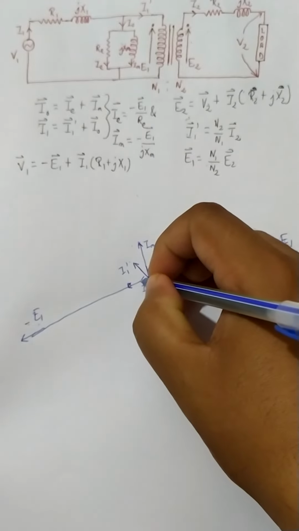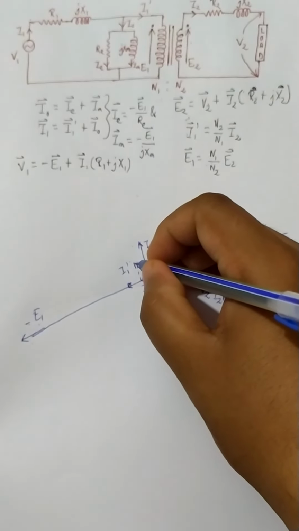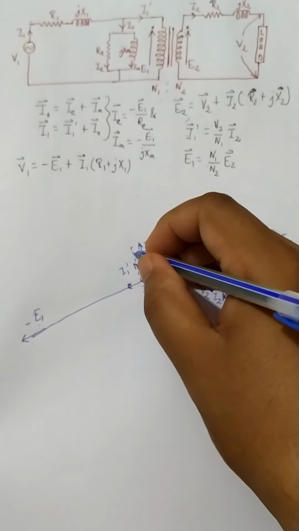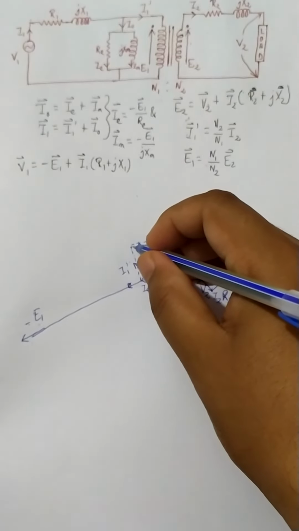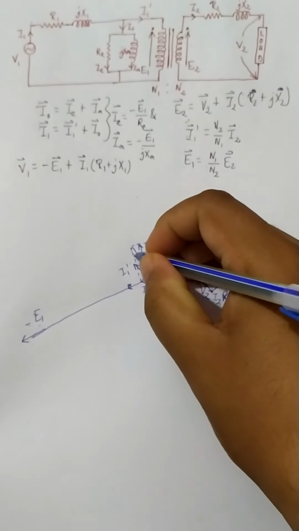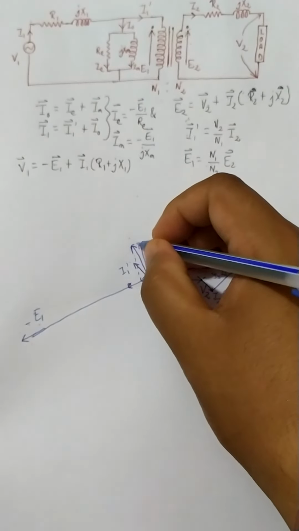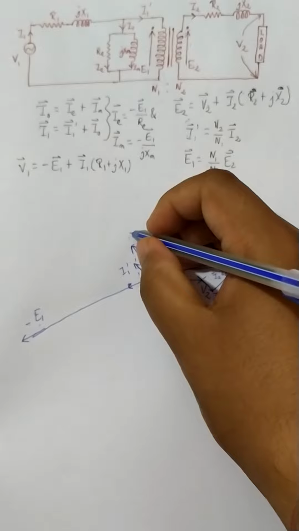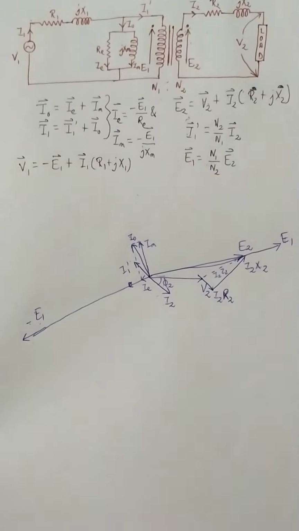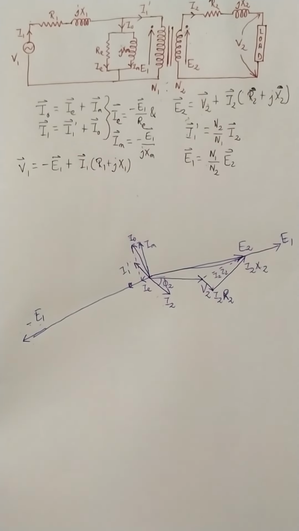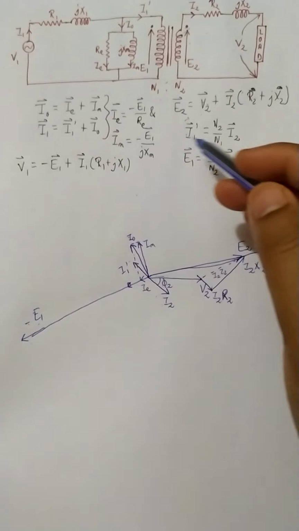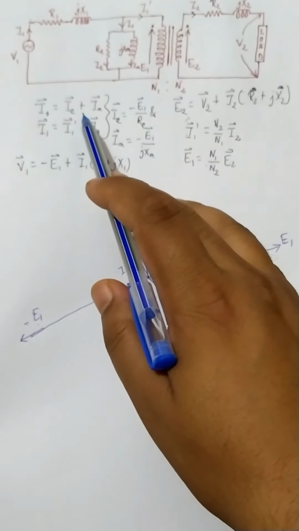And now the vector addition I would be performing. This should be IM plus IE, that would be I naught, following this relationship.